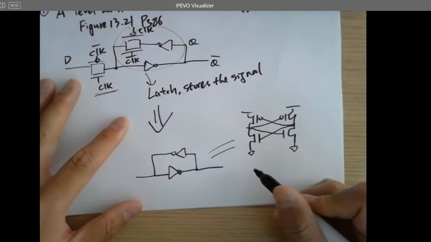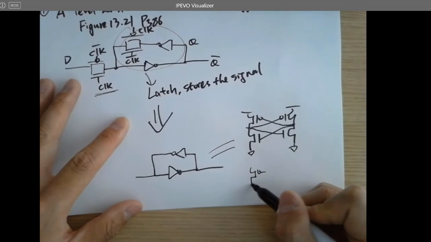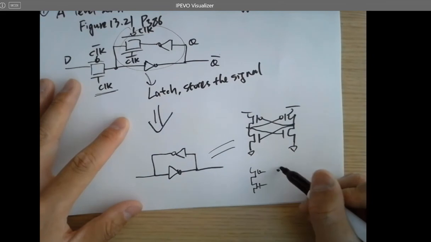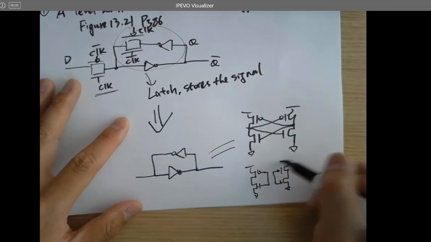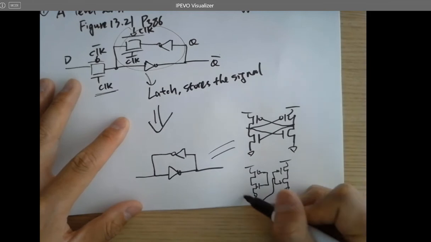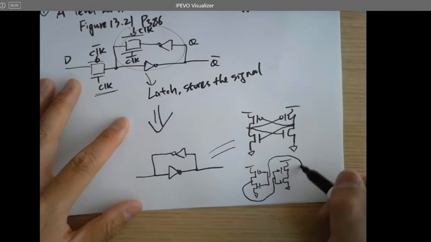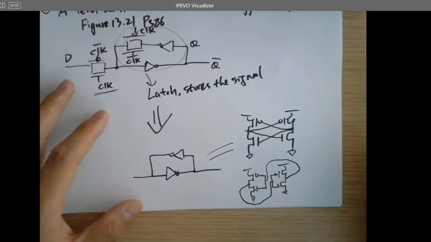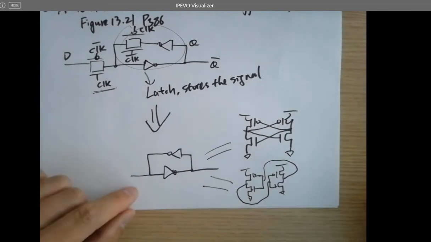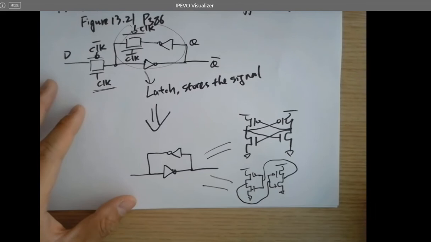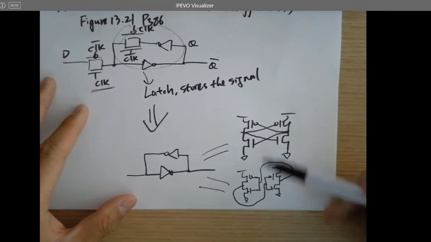So if I draw it like this, that's an inverter, and this is going to here, this is going to here. Are they the same? They are, right?